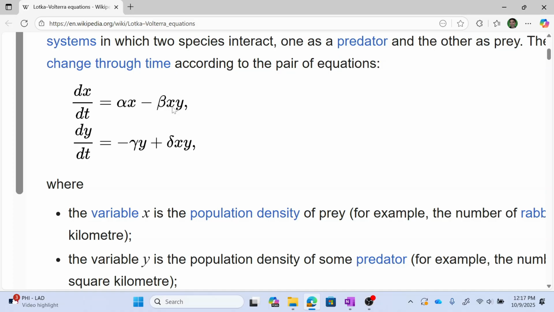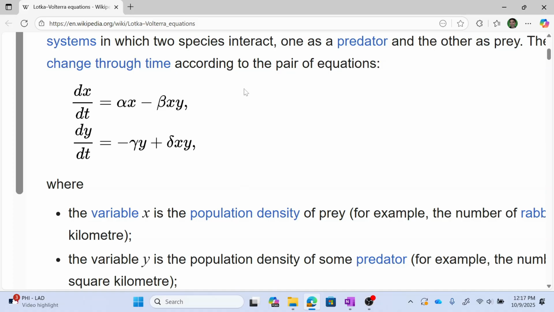Notice that this term appears in the equation with a negative sign, taking away from the rate of change of x. And what this is saying to us, the story that is being told by this equation, is that when species X and species Y interact, that is bad for species X. That has a detrimental and negative effect on species X because that's contributing negatively to the rate of change of this population.